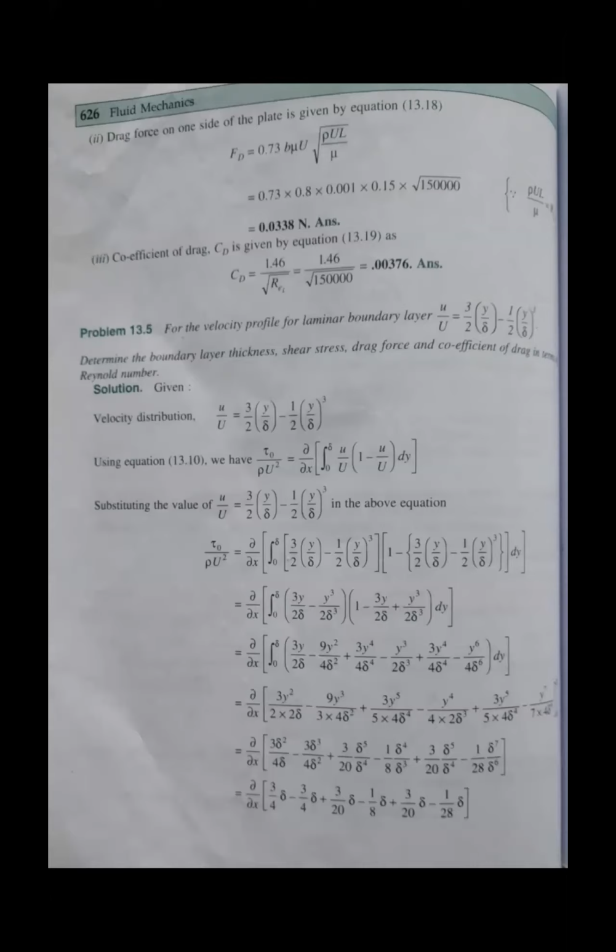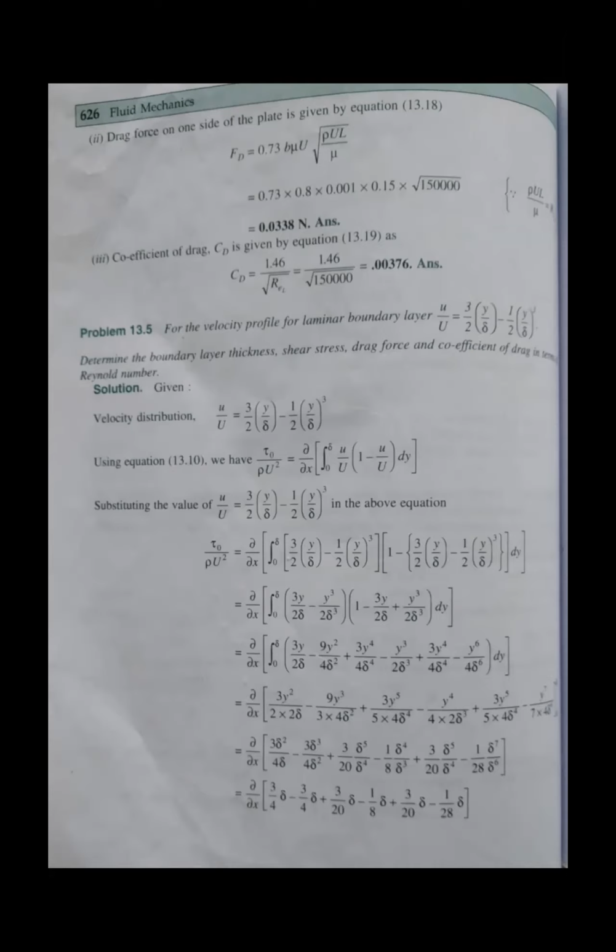And of course, if the problem were given with the velocity profile here, the same velocity profile as we followed in the earlier problem, then you should have done all the mathematical manipulations in this problem as we did in the earlier problem. So such a long problem is this.